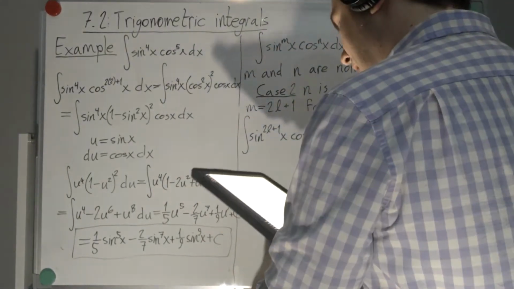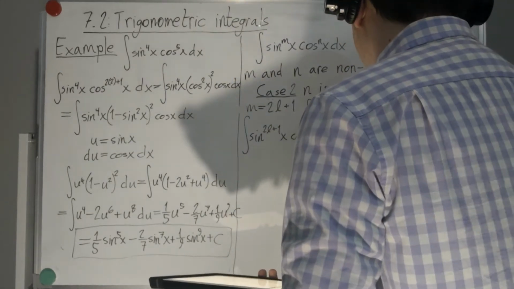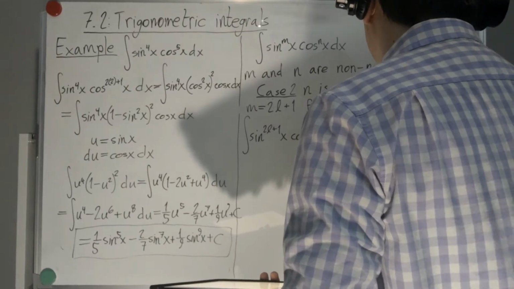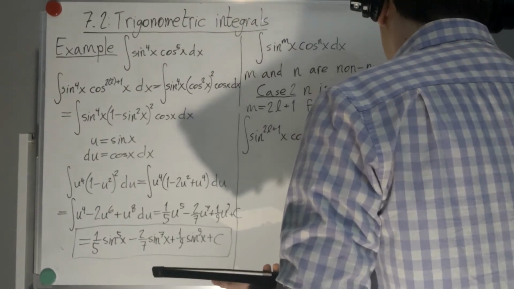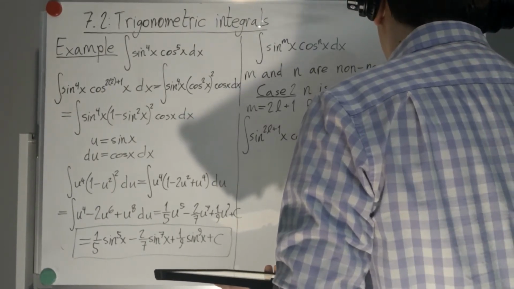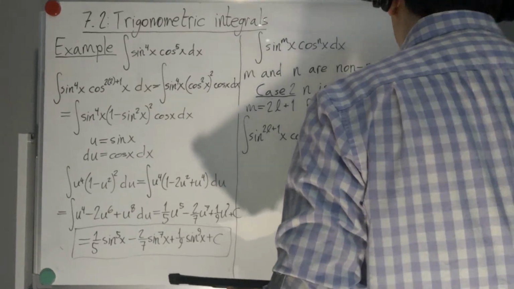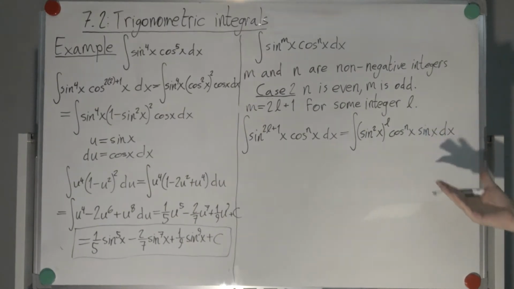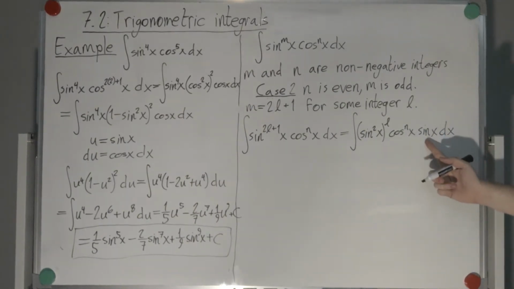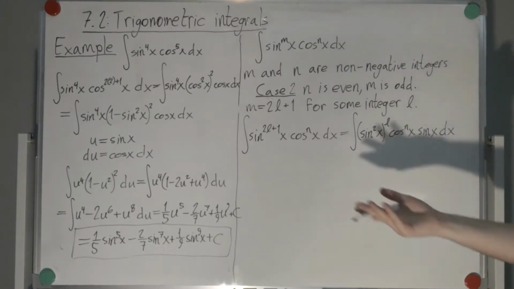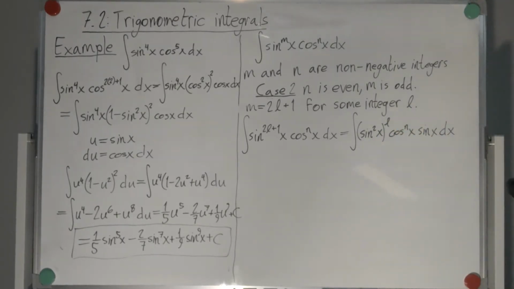So this is going to end up being the integral of sine squared x raised to the L times cosine to the n of x times the sine of x dx. Right? Just separating out one factor of sine. The rest of this is an even power. Multiplication in the exponent means taking the exponents sequentially.